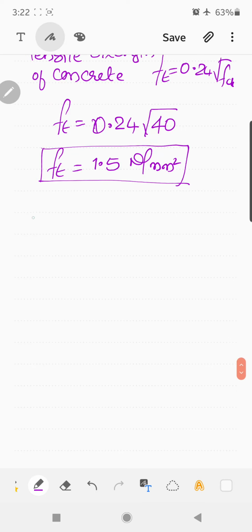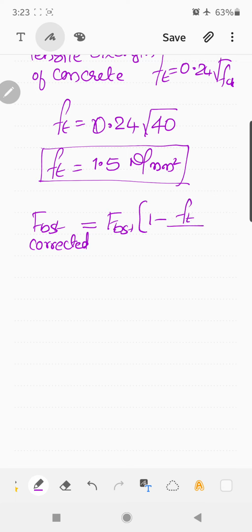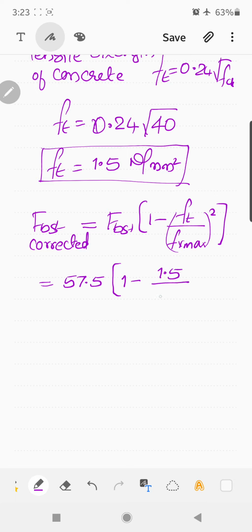Now calculate the corrected bursting tension force. FBST corrected is equal to FBST into (1 minus (FT by FV max) square). FBST you have calculated as 57.5. So 1 minus the square of 1.5 divided by FV max, 8.06.